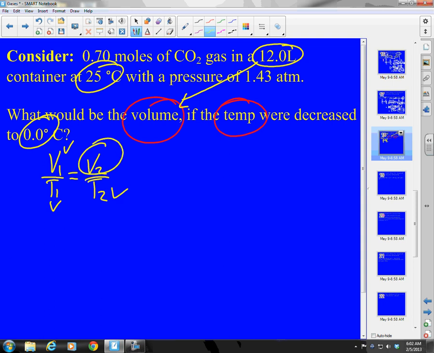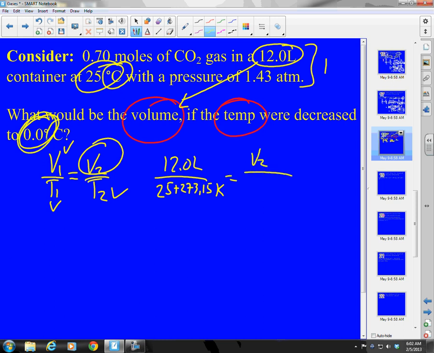What's my first volume? This is my situation one. So 12.0 liters over what's T1? 25, but that's C. So what do I have to do? 25 plus 273.15, and that'll give me K, is equal to V2 over 0, but that's not really 0 because that's 0 Celsius, meaning that is 273.15 K. Excellent.